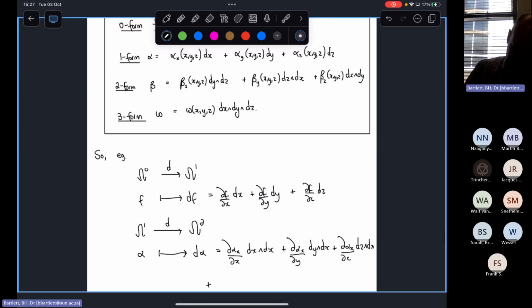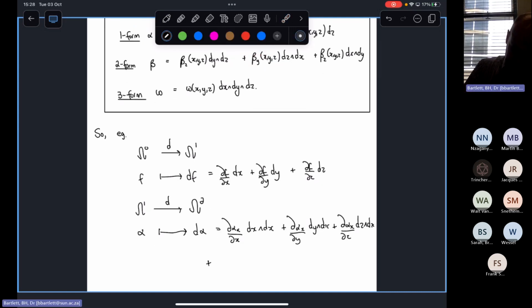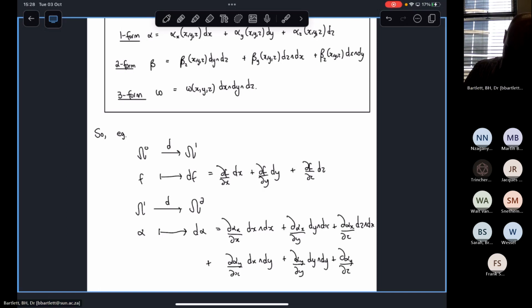Then I've got to do the same now for this guy here. So differentiate this guy with respect to x. So then I have a dx in front. And then differentiate him with respect to y and put a dy in front. And then differentiate him with respect to z, put a dz in front.